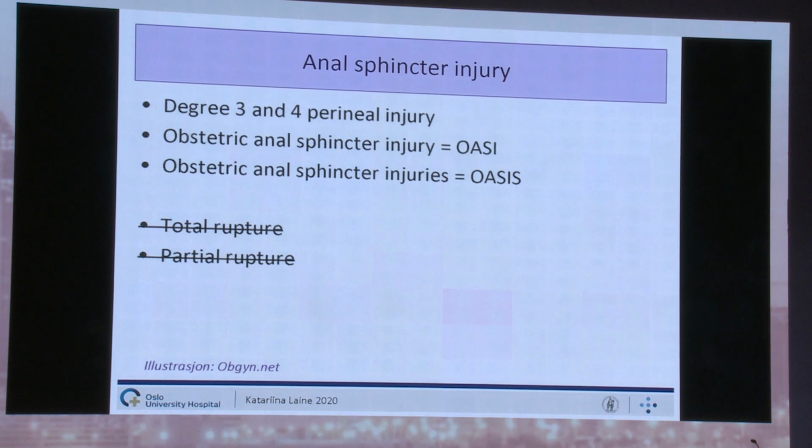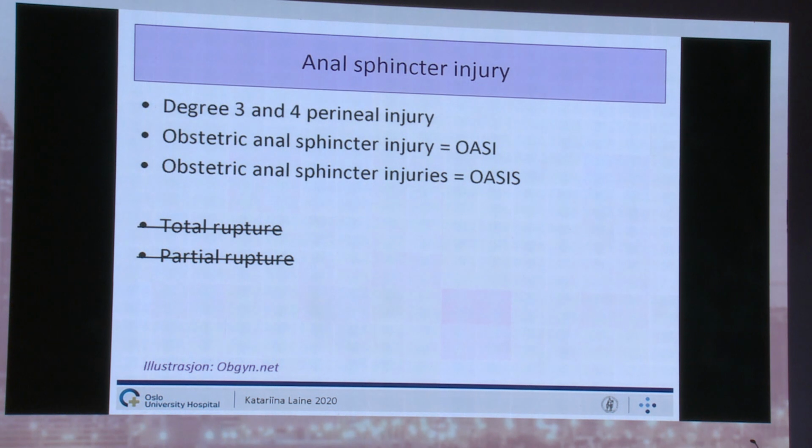There are other measures that are commonly used instead of 3rd and 4th degree perineal injury, like obstetric anal sphincter injury, or shortened to OASIS. These are very common measures, but the old measures, total rupture, partial rupture, are not recommended to use anymore because they are too unclear what they actually include.